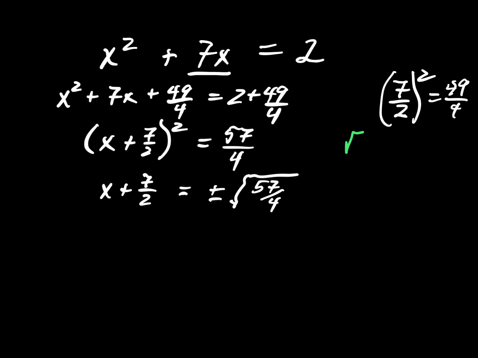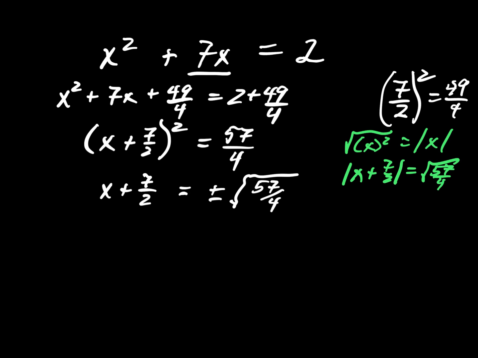The square root of anything with a variable squared is actually equal to the absolute value of the variable. So when we take the square root of this quantity squared, it's the absolute value of x plus 7 halves equals the square root of 57/4, because absolute value is always a positive number.